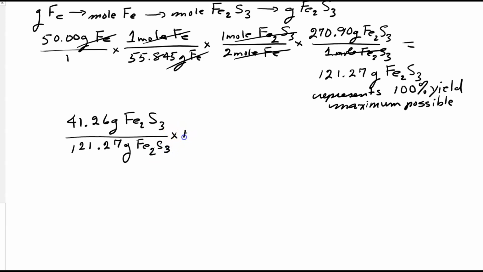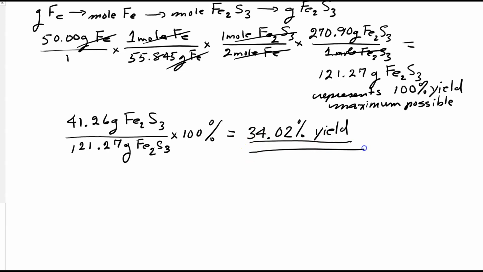I say times 100% to give us a percentage that represents our actual yield, which would be 34.02% yield. And that gives us the percent yield if we obtained 41.26 grams of iron 3 sulfide.